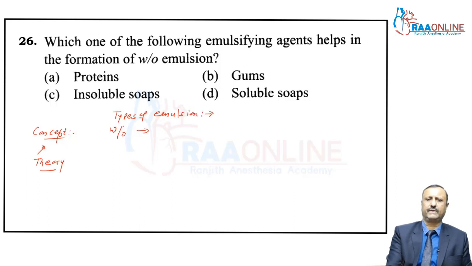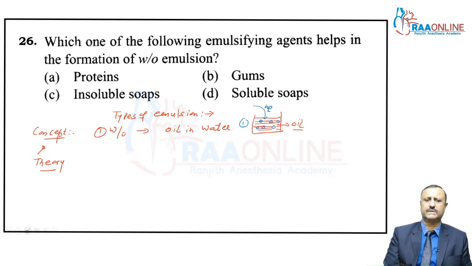Number 1, O in W, oil in water. Oil is present, and you add small water molecules; when this water is added, water molecules are present in oil. So it is called oil in water.